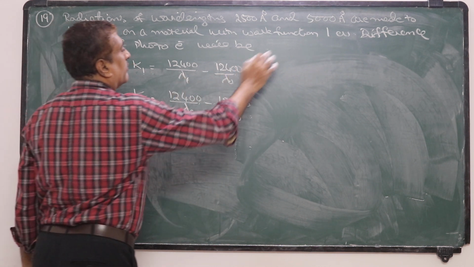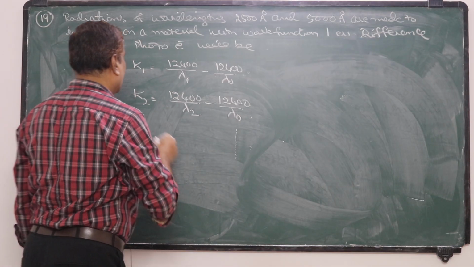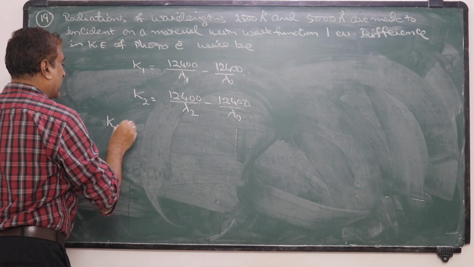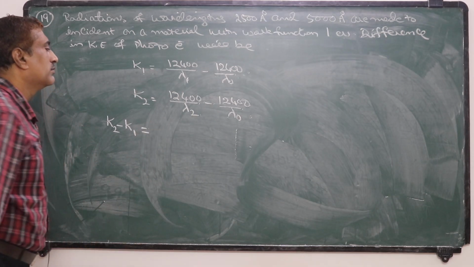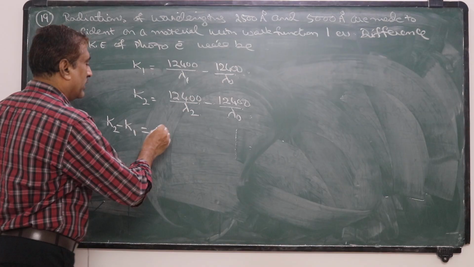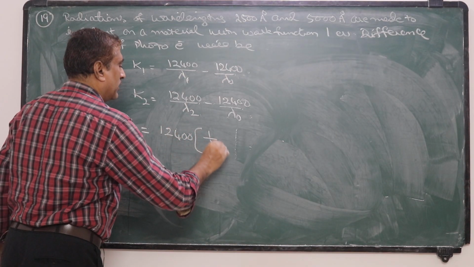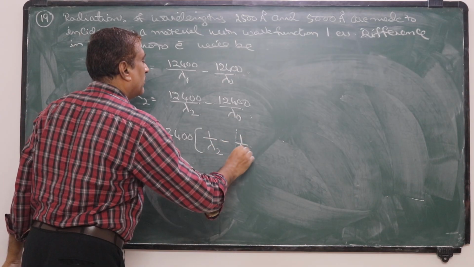The work function is given as 1 electron volt. So we have to find K2 minus K1. In K2 minus K1 these two terms will get cancelled. We can directly write 12400 into 1 by lambda 2 minus 1 by lambda 1.